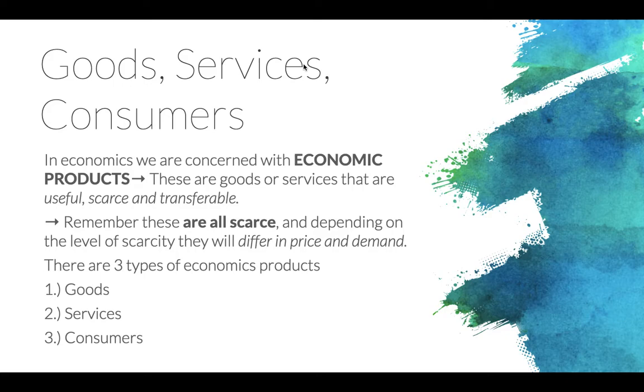They were low in scarcity, so they were low in demand. There are three types of economic products. Those are goods, services, and consumers. The key points to write down in this slide are economic products, and that scarcity will cause a difference in price and demand.